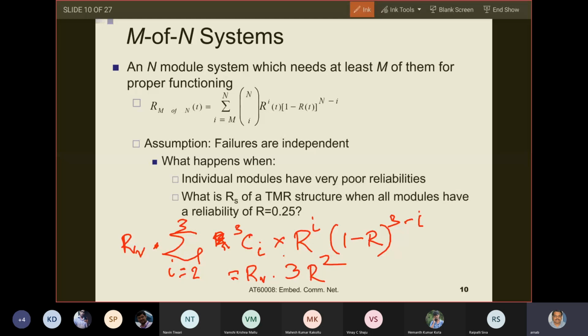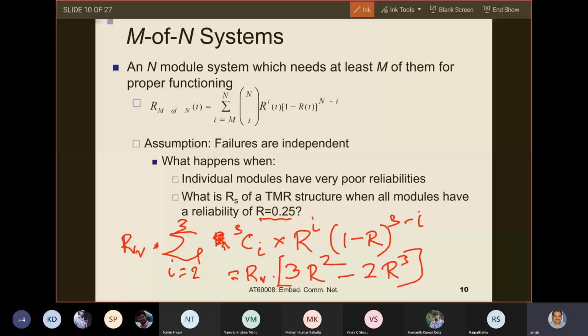Now let us say the individual components have very poor reliability, R equals 0.25. That means the probability that the system is working correctly from 0 to the current time is 0.25. How can this be? It is a very old, worn out system, no repairs, nothing.